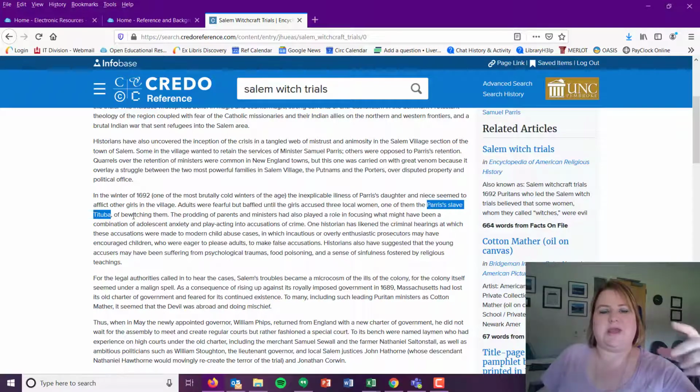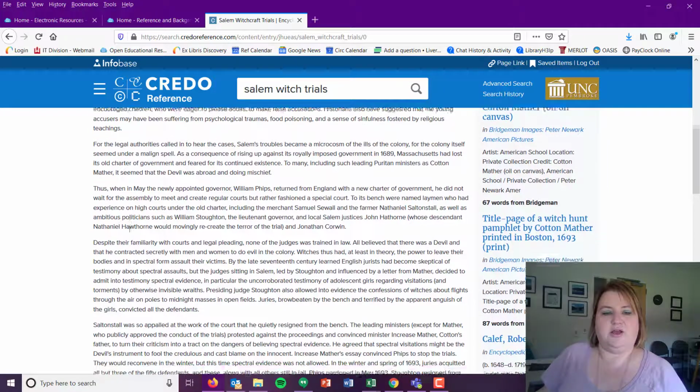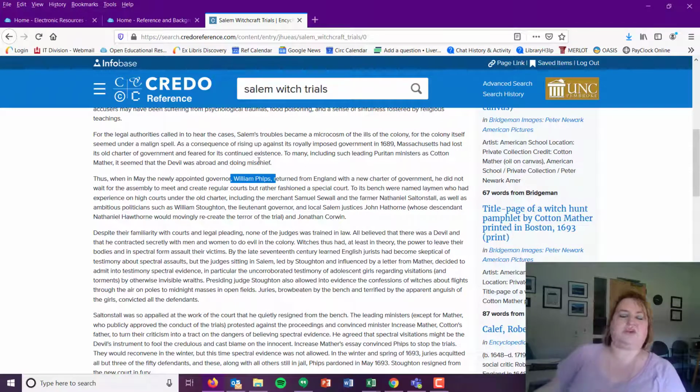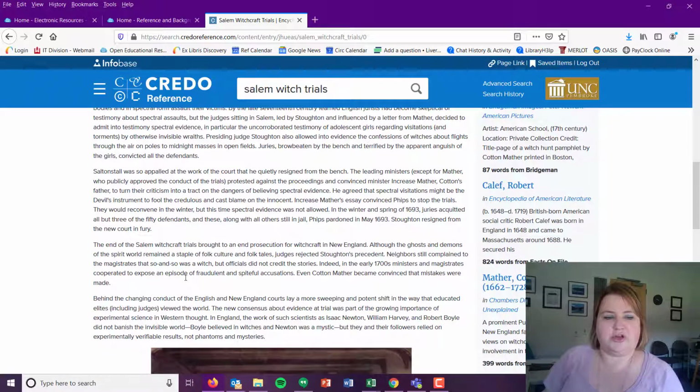So you're seeing who the main people were. Looking through this, those are things you could add in as keywords. We're talking about William Phipps in terms of the Salem witch trials.